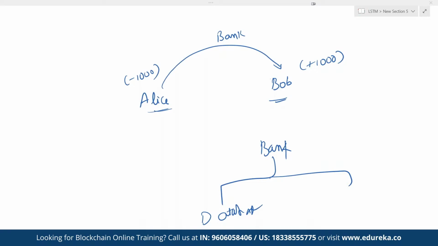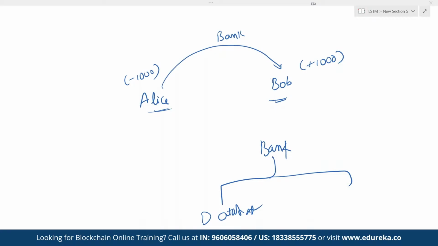Let's say Alice has got her salary and she decided to spend everything on shopping. All of that, every transaction where money is debited or credited, such as when she's getting the salary, is maintained in the database ledger. So at any instant, it is going to have updated information.